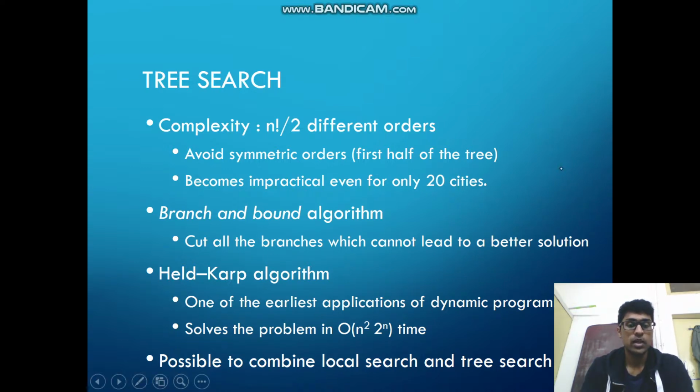Also, it's possible to combine local search with this tree search, and we'll see what local search is in a subsequent part of this video. So here what we are trying to conclude is that the order of this solution is exponential, and so it will take a lot of time to run on a computer.